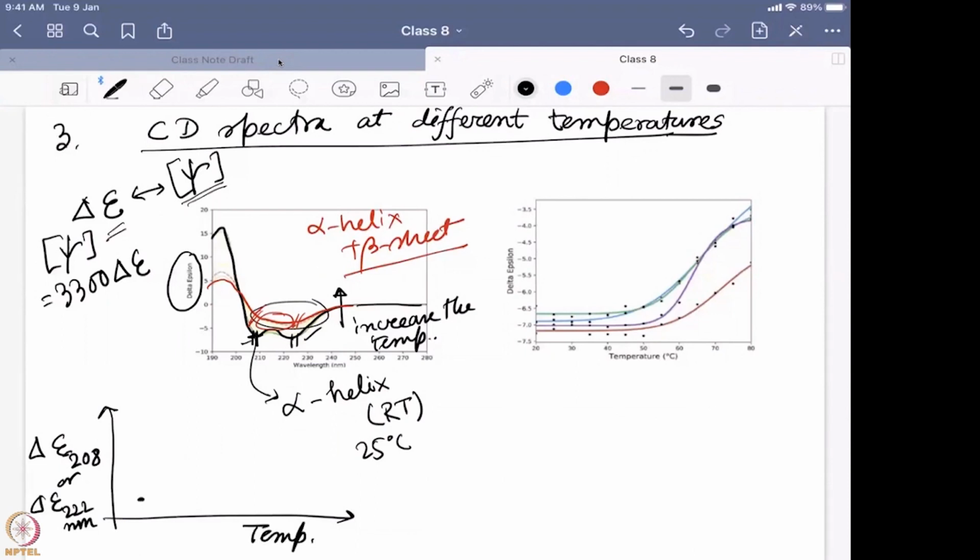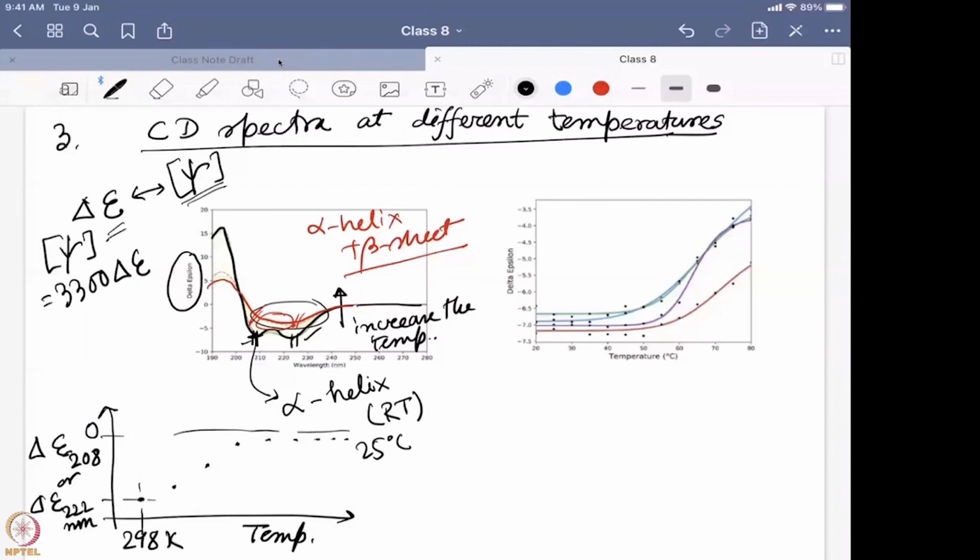Say this is room temperature, 298 Kelvin, and I get a very negative value. Say here is the 0 value. Now as I increase the temperature, the value slowly goes up and then it levels off.